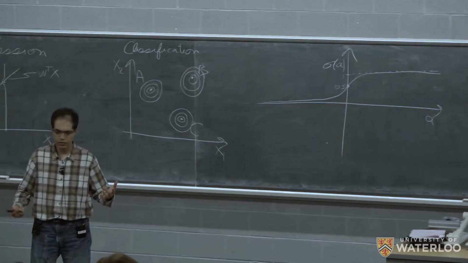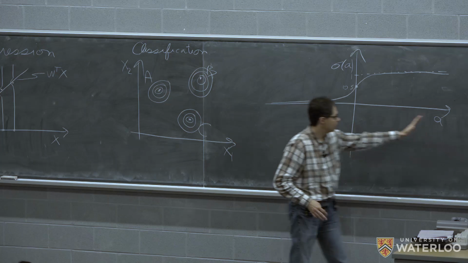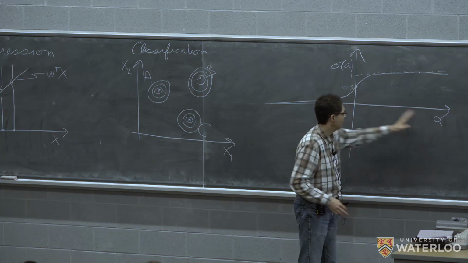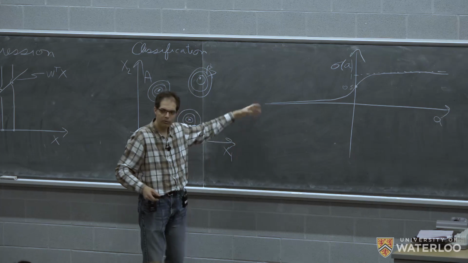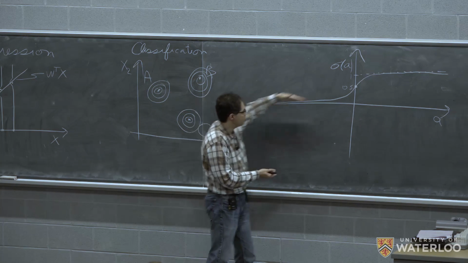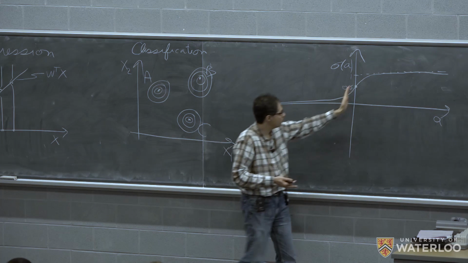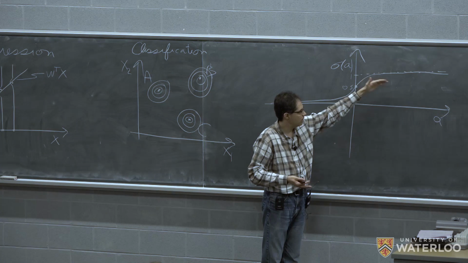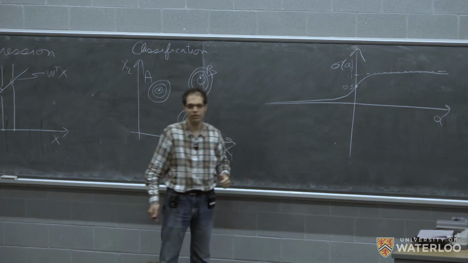Okay, so this function has a property that it essentially takes any real number, right? So the input here, which is a, denotes any real number, and then it will produce an output which is squashed between 0 and 1. So it starts near 0, and then it reaches 1 asymptotically. So it's going to be between 0 and 1.